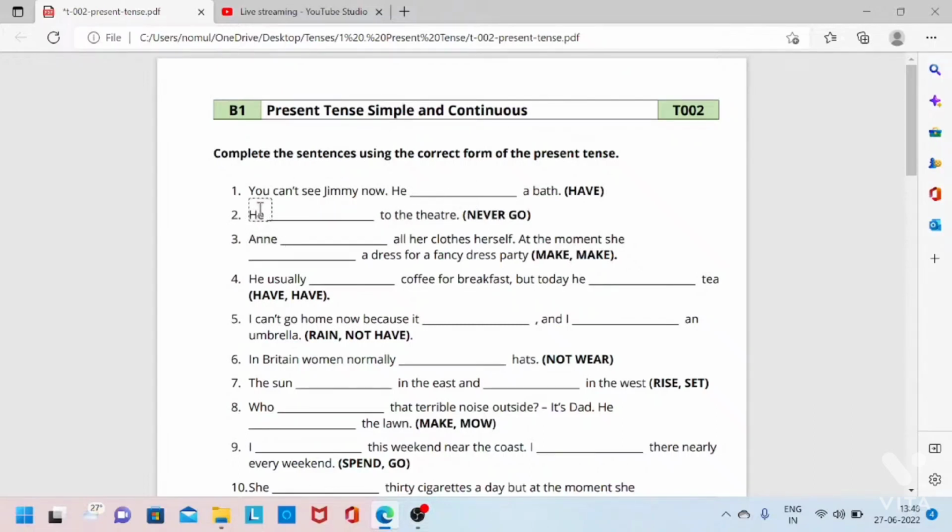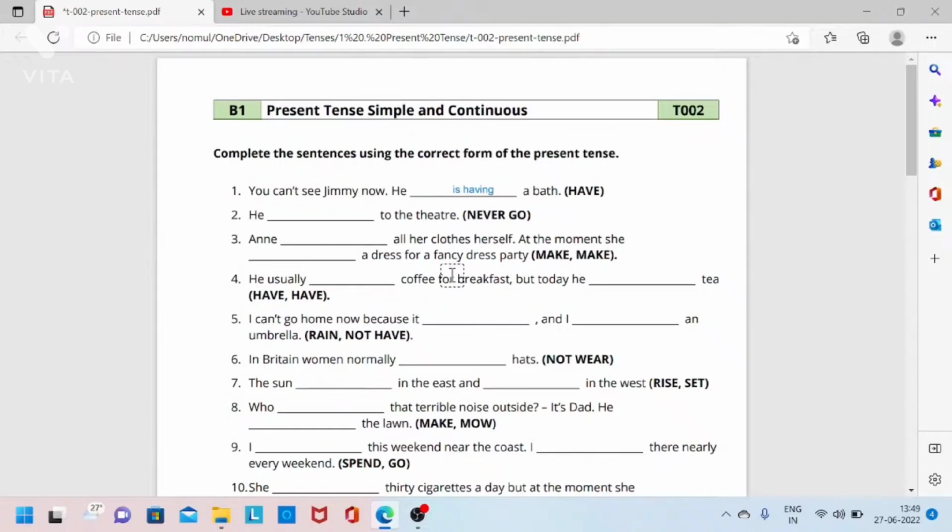You can't see Jimmy now. He dash at bath. What should be written here? It's about the present tense. You can't see Jimmy now. He is having a bath.